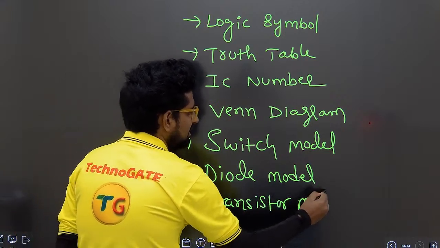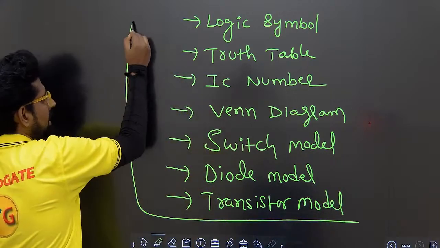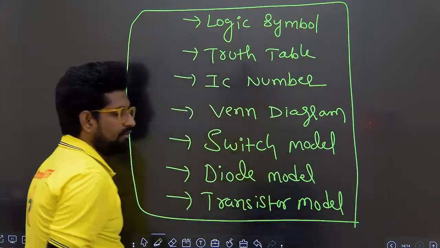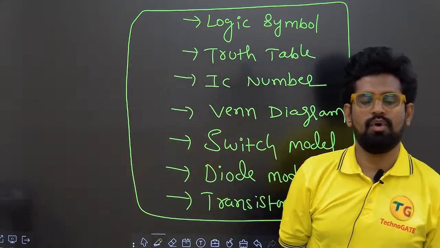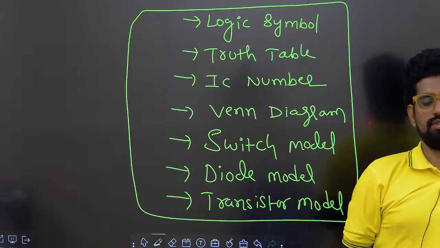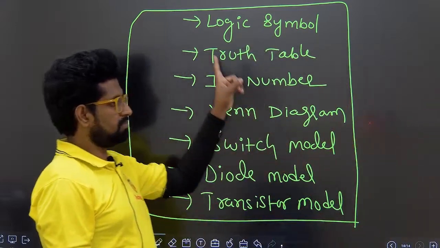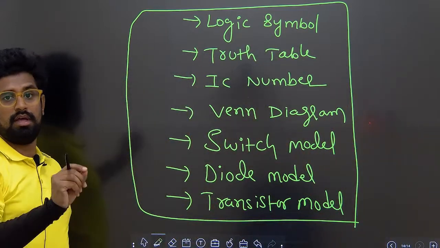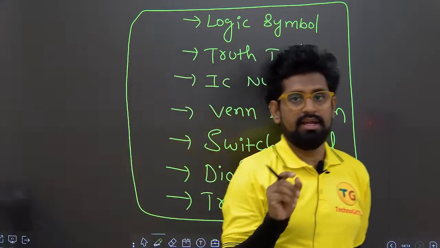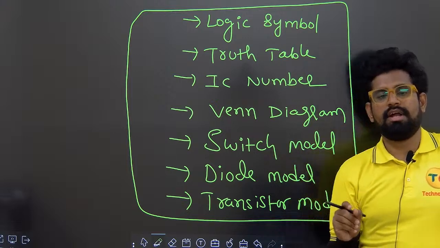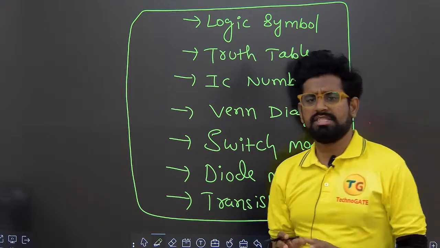Don't focus on the diagrams, the shapes and the scenario, just check how they are connected, either series or parallel. In this way, we are going to discuss the AND gate in depth. As it is a basic gate, it is going to be useful for us in basic operations.